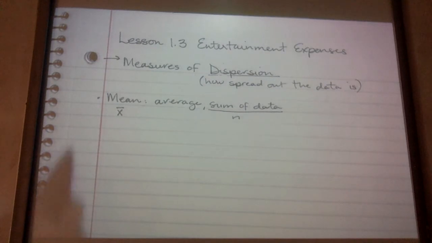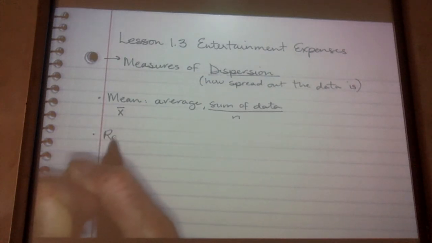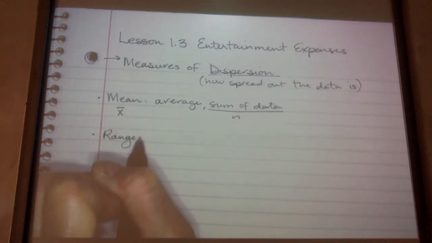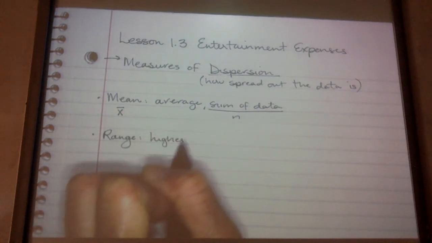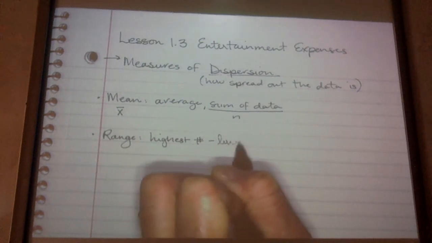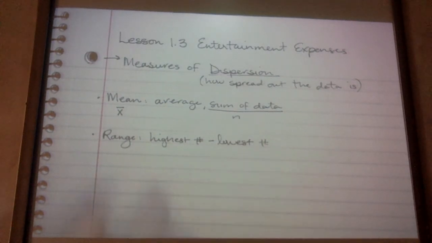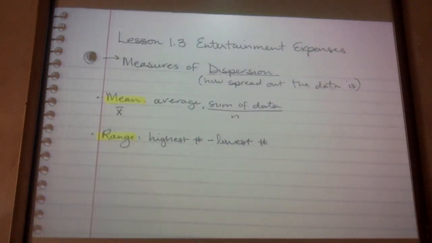Now there is the next one that should be reviewed, maybe not, is range. The range is your highest number minus the lowest number. Real simple. So far we have mean, range.